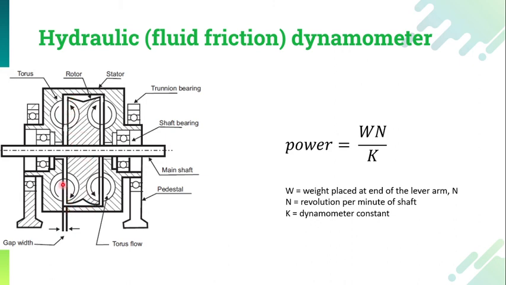Now, in this gap as well as the elliptical part of this area, the fluid is going to flow. The fluid quantity can be changed, and the pressure inside the system can also be changed, and this fluid is going to rotate inside this area only.